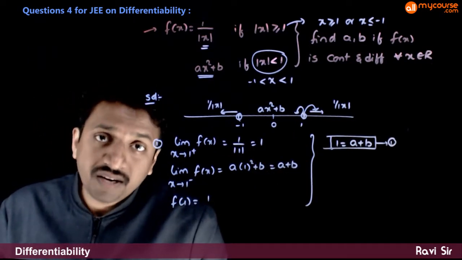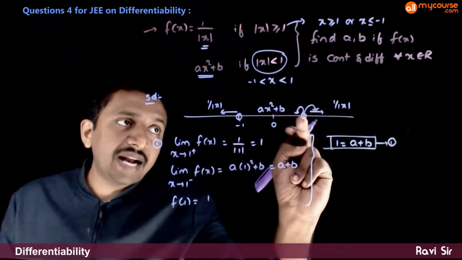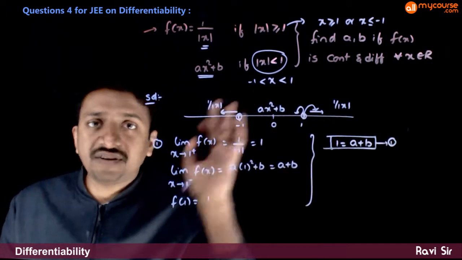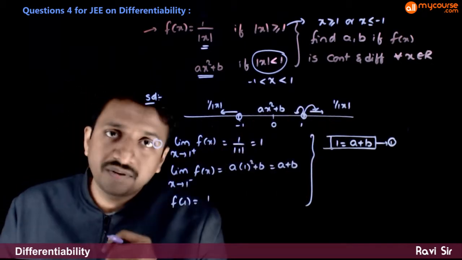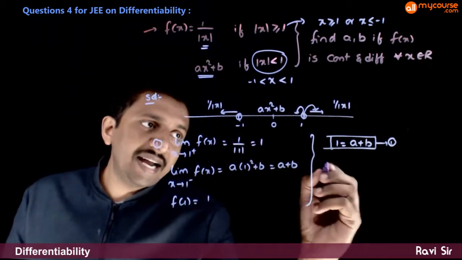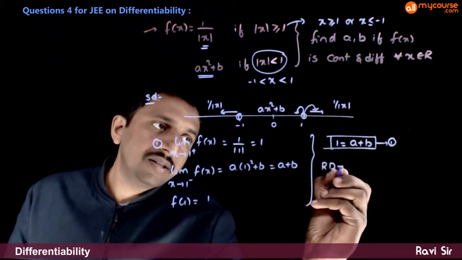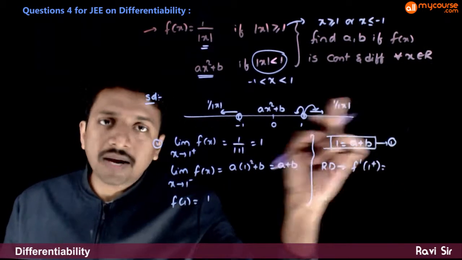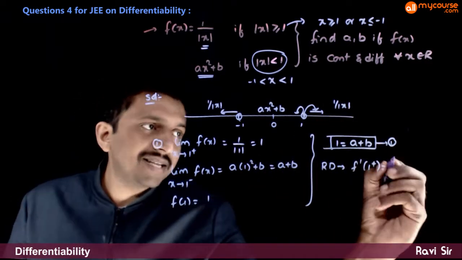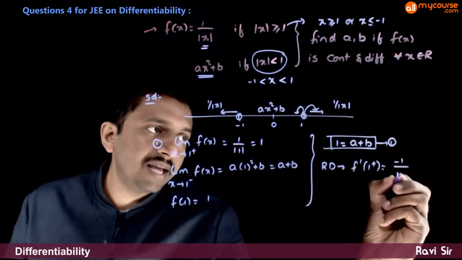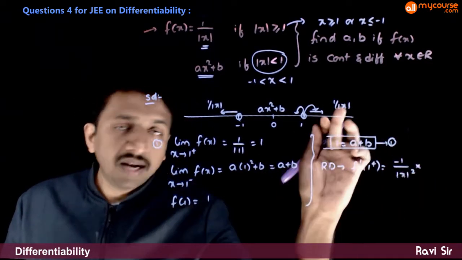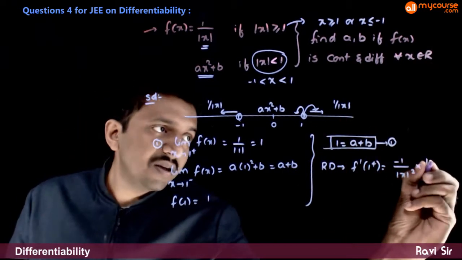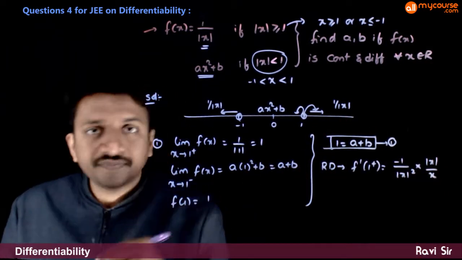Next, for differentiability. So let us do the right differentiation of this and the left differentiation of this. Let us equate both of them. So what is the right differentiation? That is f dash at 1 plus is nothing but, so 1 by mod x. So 1 by something's differentiation is minus 1 by something square into the differentiation of mod x, which is mod x by x.